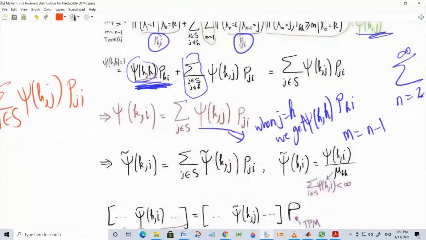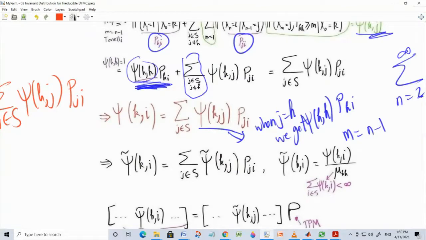Now define psi tilde. We take those psi's and divide by mu_kk. Remember what mu_kk was? It is the sum of the psi's over the states, which is equal to a finite number, again because state k is a positive recurrent state.